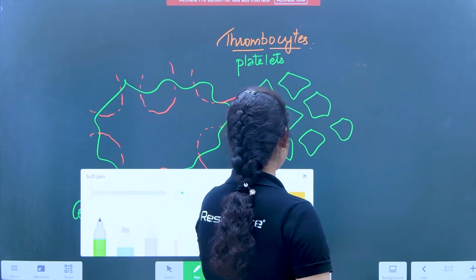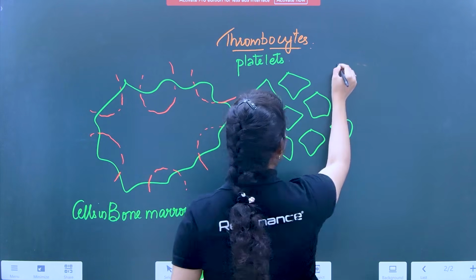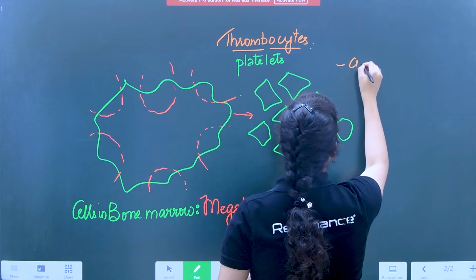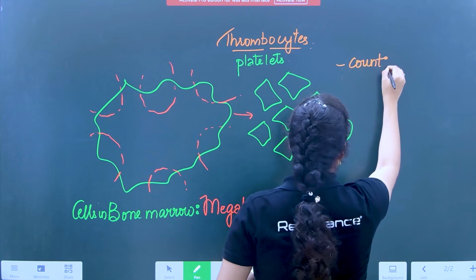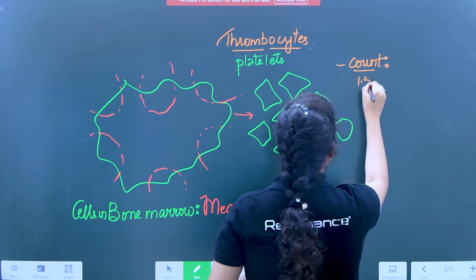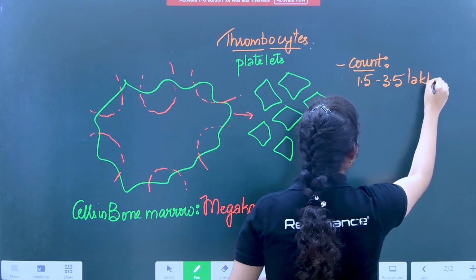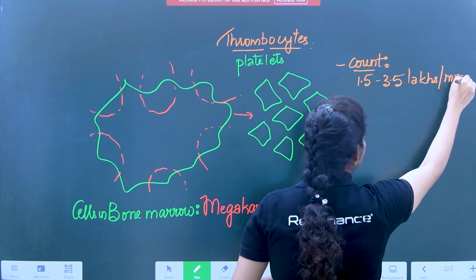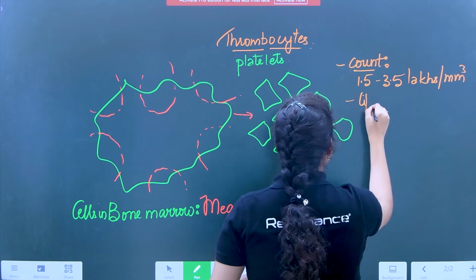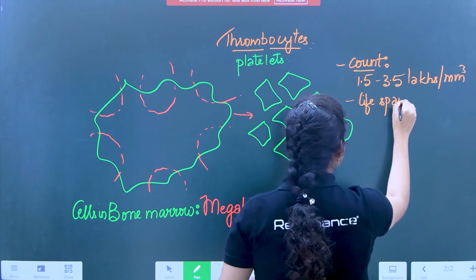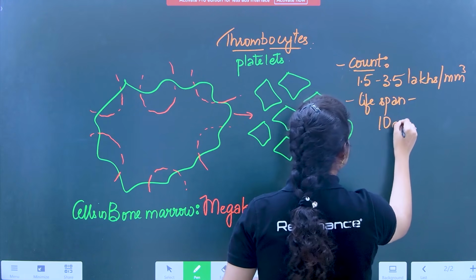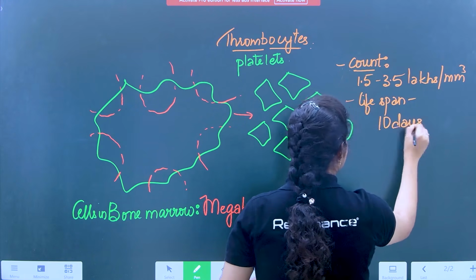For platelets, we remember only two extra points. Point number one, we should know the count. The count of platelets is 1.5 to 3.5 lakhs per cubic millimeter. Coming to its lifespan, the lifespan is 10 days.